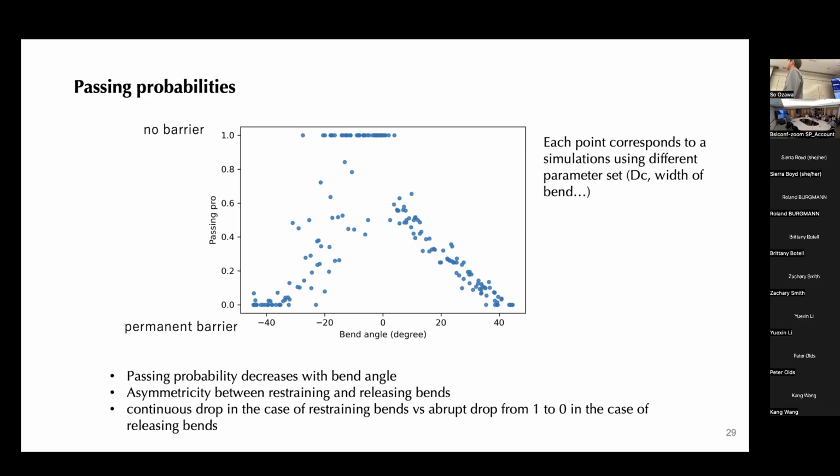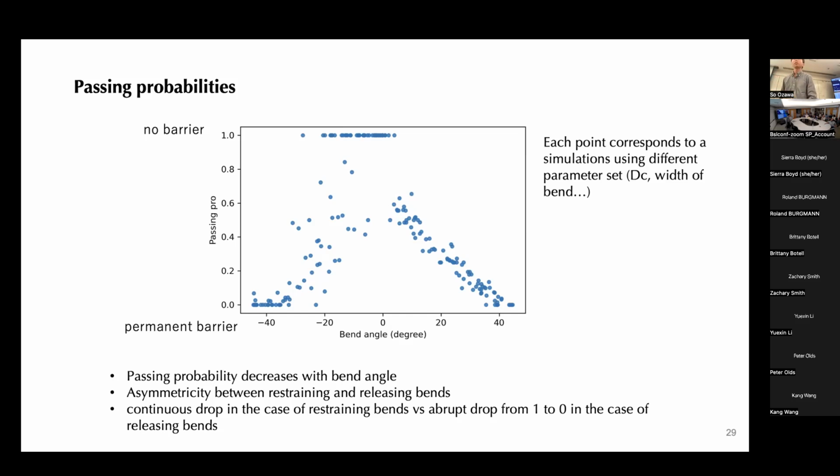In restraining bends, the drop of the passing probability with bend angle is more or less continuous. But in releasing bends, the drop is more abrupt. There's some threshold bend angle at which the passing probability transitions from 1 to 0, although there are some cases with intermediate values.